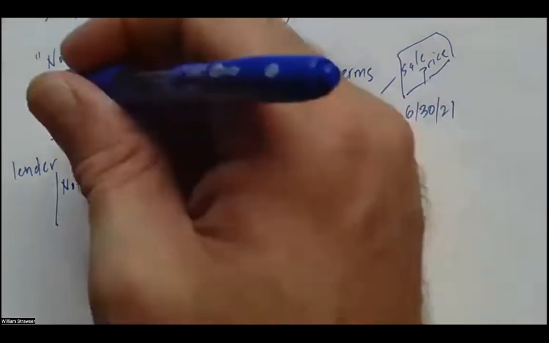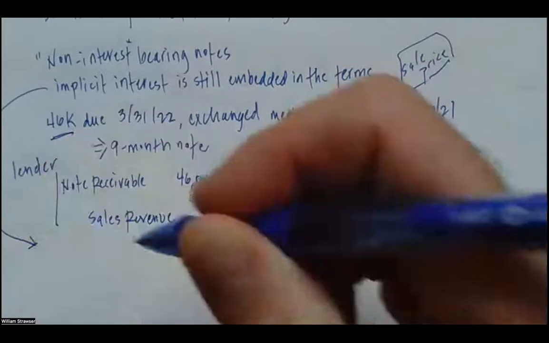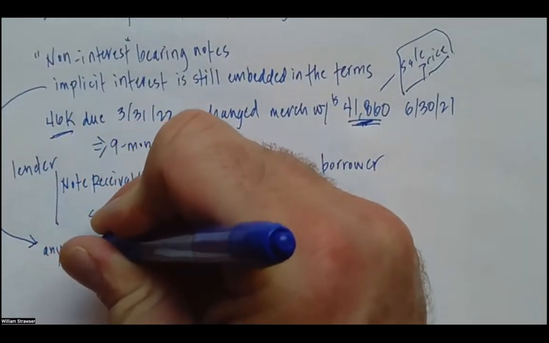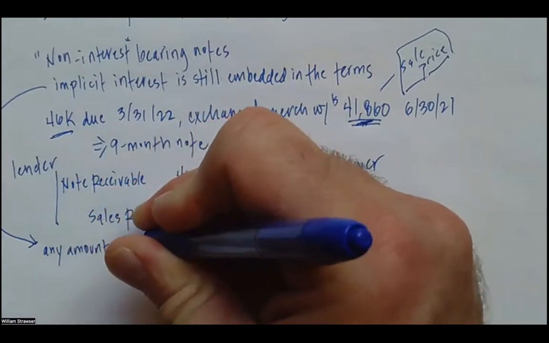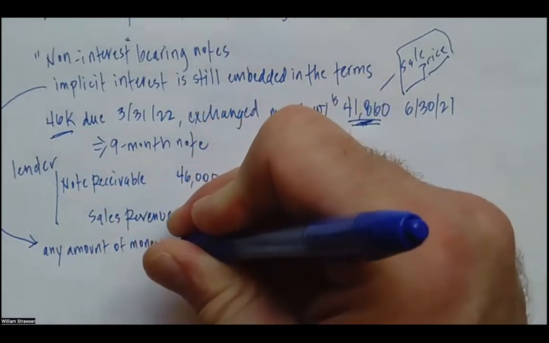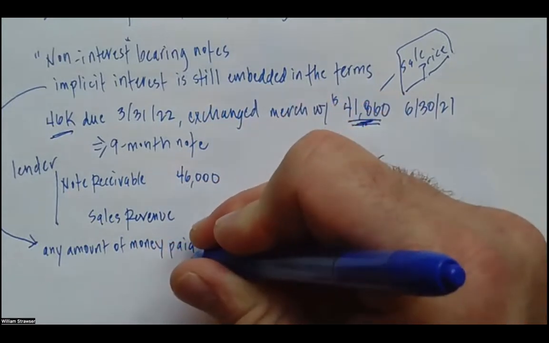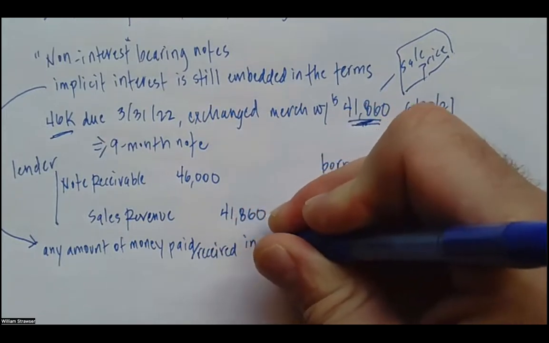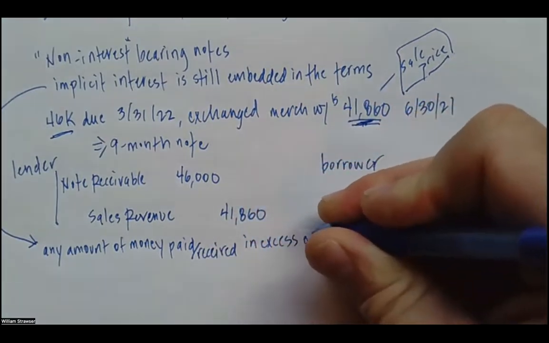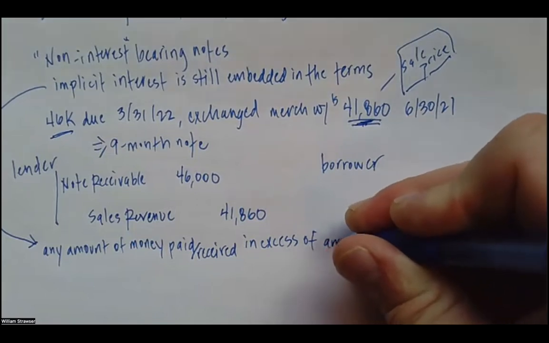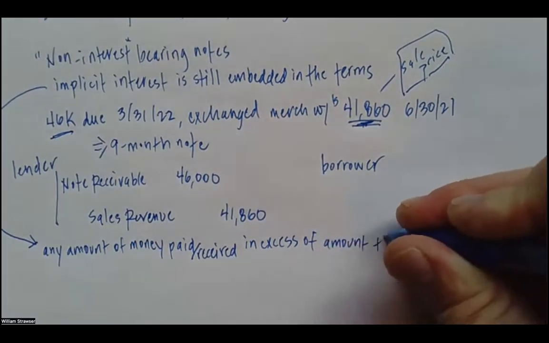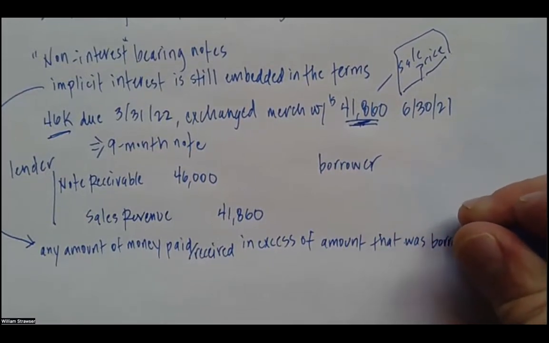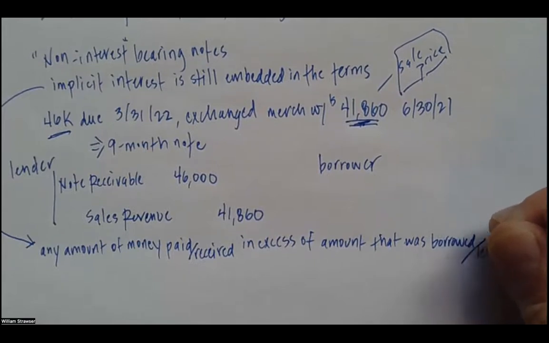Because one of the definitions of interest, implicit interest, right, is any amount of money paid or received in excess of the amount that was borrowed or lent.